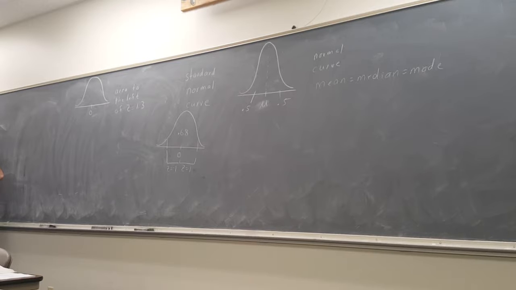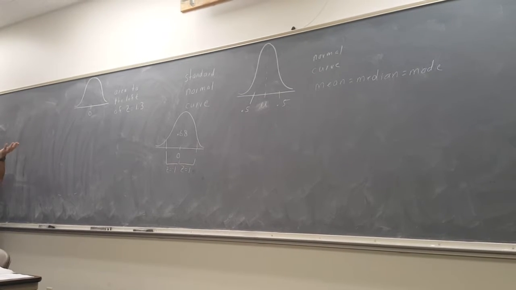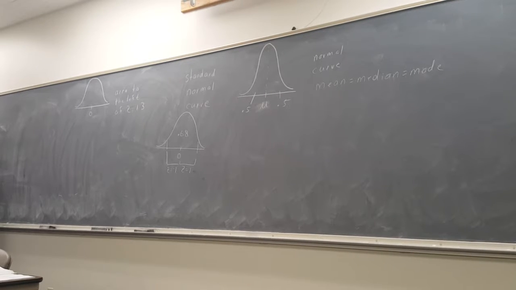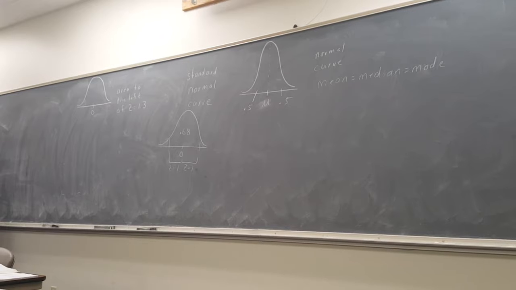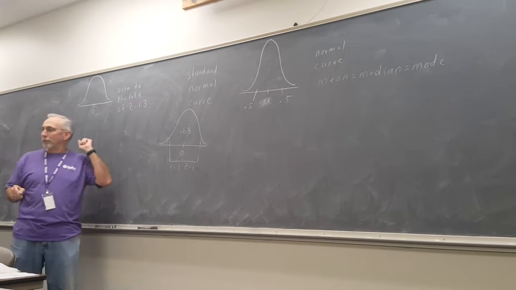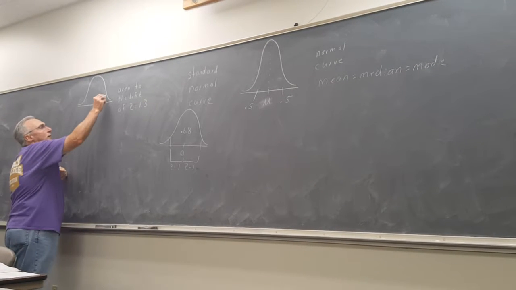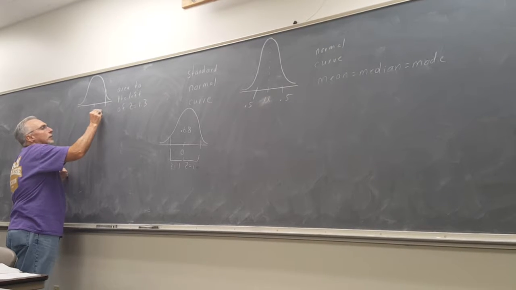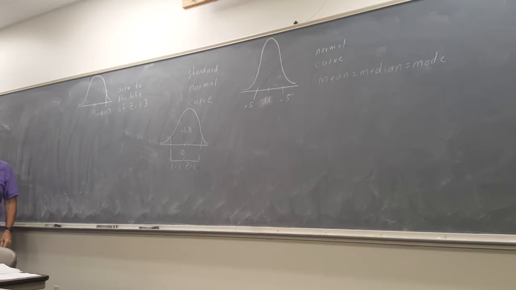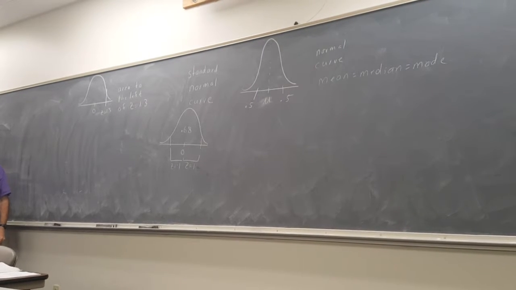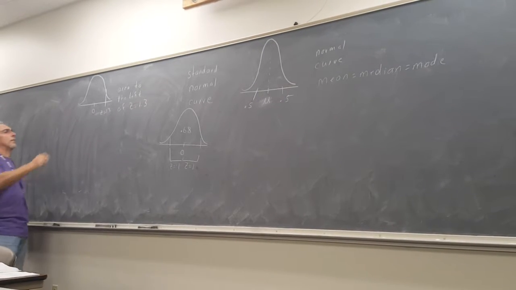Again, what is the area under the whole curve? 100% or 1. So, z tells you how many standard deviations I am away. Z is positive, so I go to the right. So my z-score would be someplace over here. That make sense? I want to find the area under the curve.